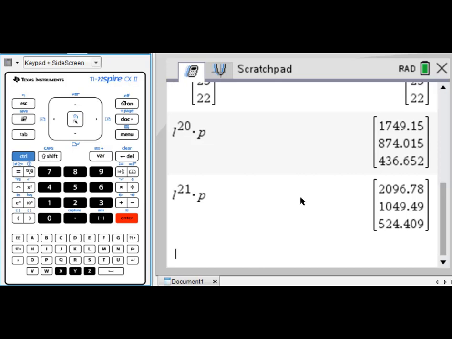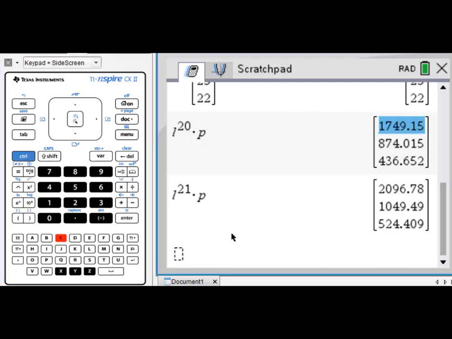If you do need to add these up, which you do in this question, now's the time where you could copy your values and add them. You could also use matrix methods to add your values.